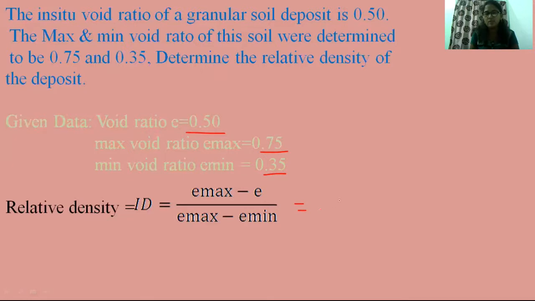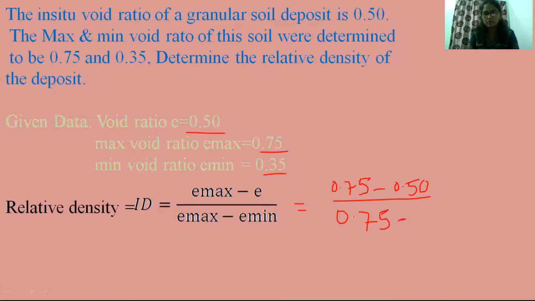The maximum void ratio value is 0.75, minus natural void ratio 0.50, divided by maximum void ratio 0.75, minus minimum void ratio.